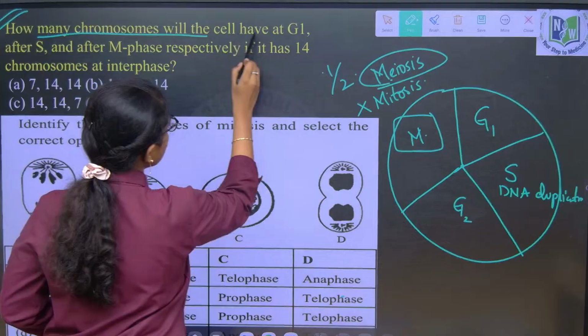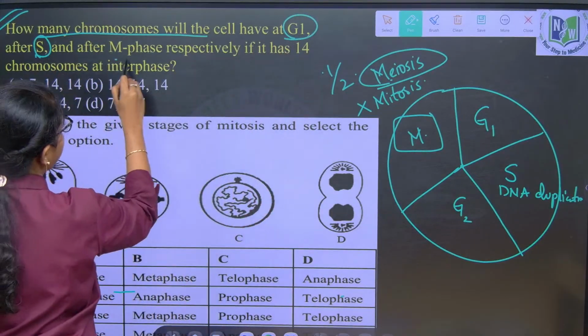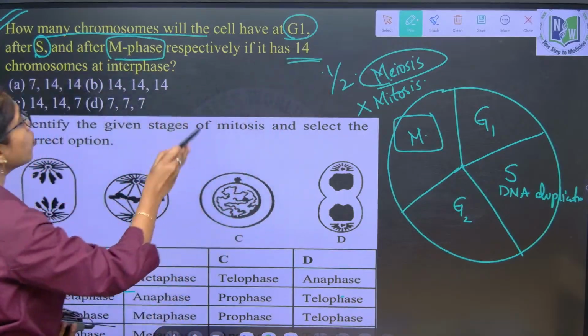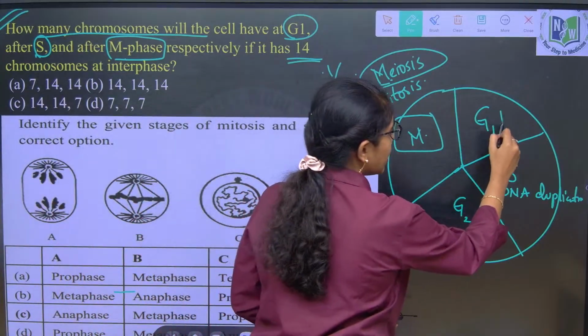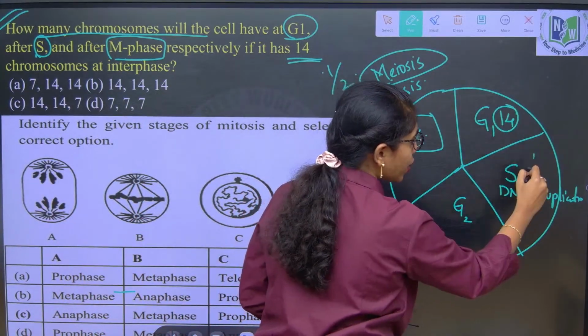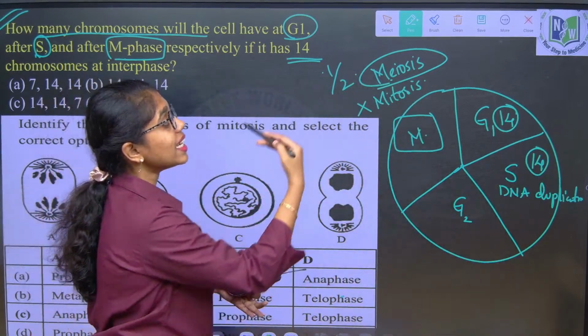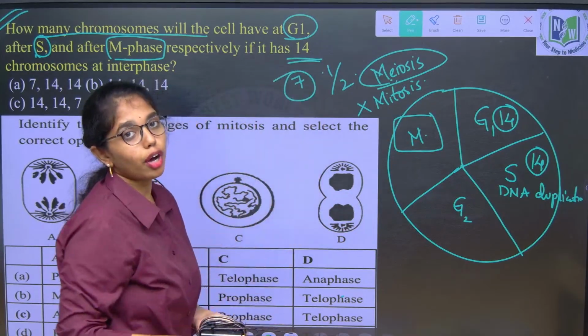How many chromosomes will the cell have in G1 phase, S phase and after M phase respectively if it has 14 chromosomes at interphase? If it has 14 chromosomes in G1 phase, of course it has 14 chromosomes in S phase also, right? Yes, and if it is meiosis, then it gets halved to 7 at the end of meiosis.